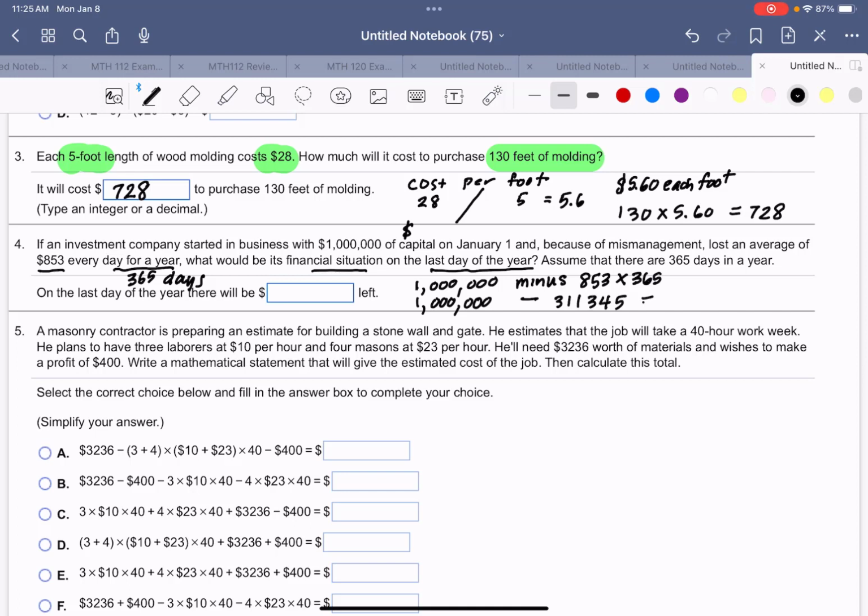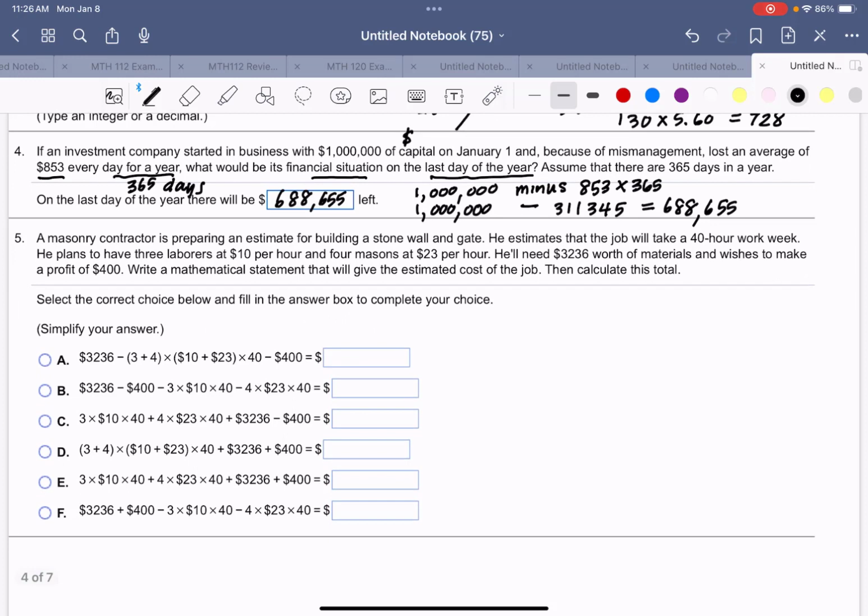So at the end of the year, they take that million, they subtract away the 311,345 to find out that they have a situation where they have $688,655 left at the end of the year.